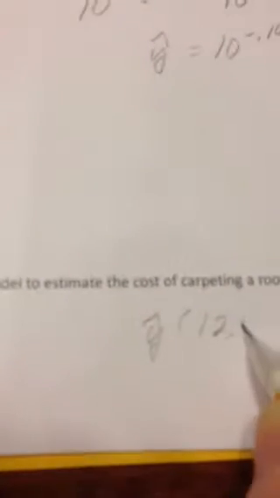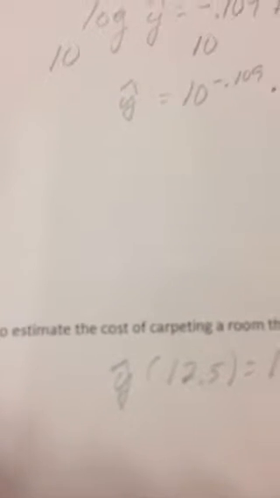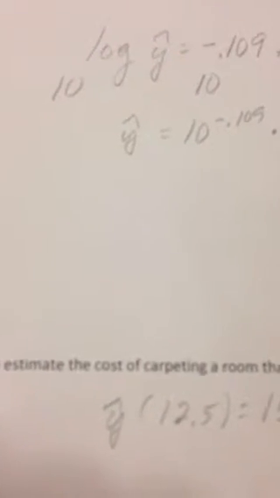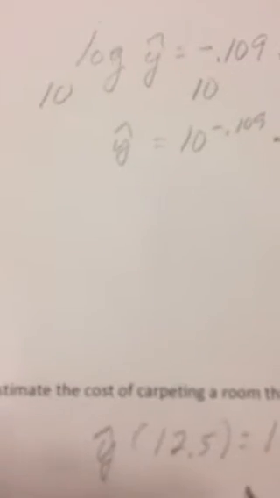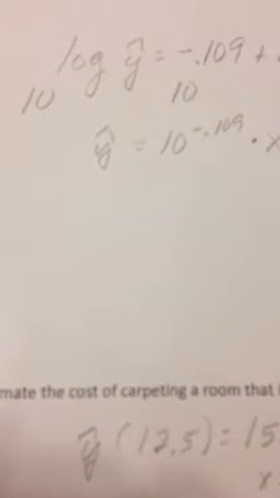So y hat at 12.5 is 152.7 at a cost of $3.15 per square foot. That gives me a total cost of about $481.